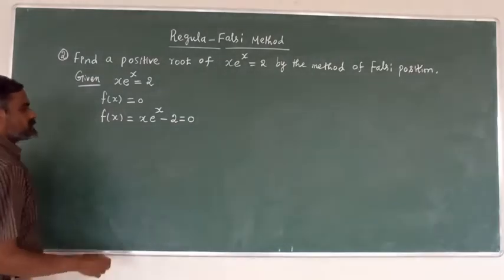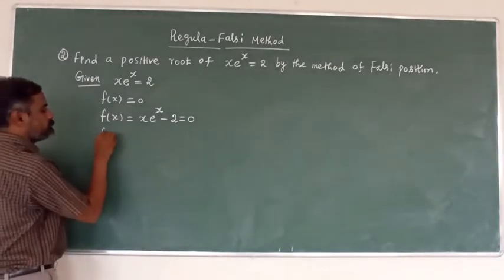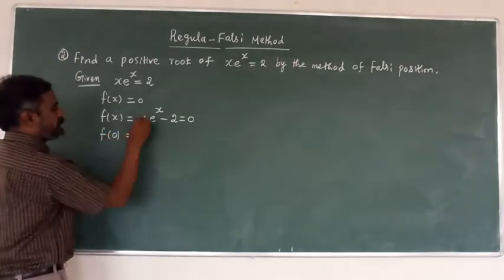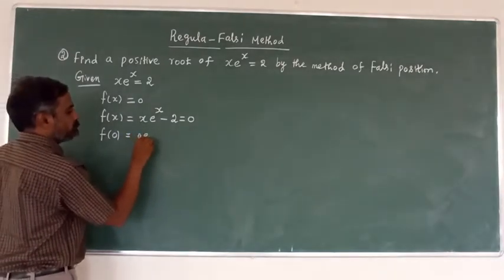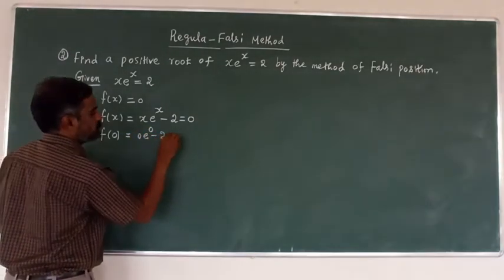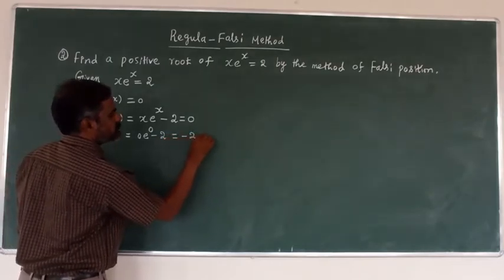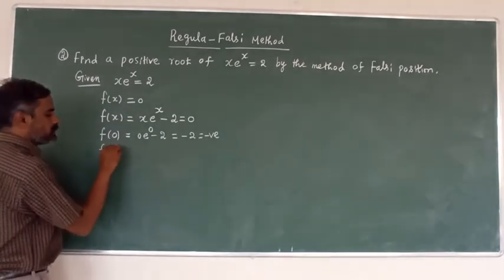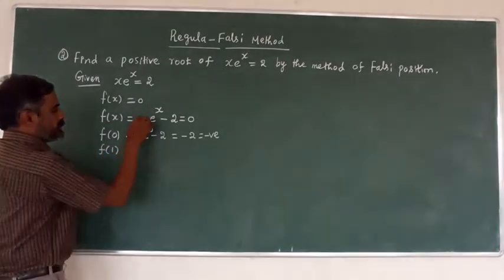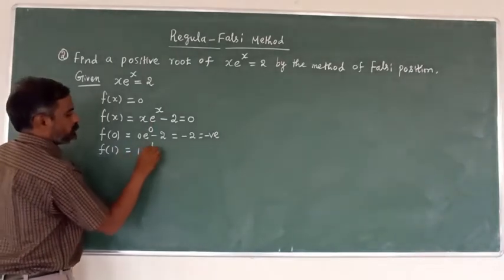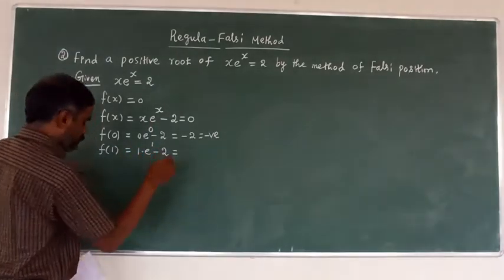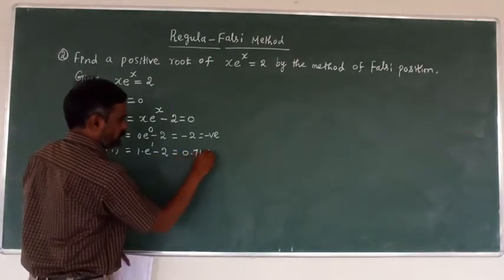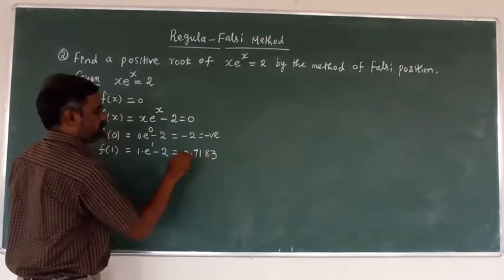First we substitute the value 0 in x: 0 e^0 - 2, which gives -2. This is a negative result. Next, substitute x = 1: f(1) = 1 e^1 - 2, which gives 0.7183.